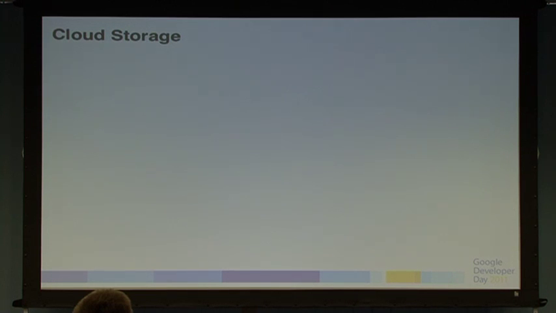So this is a how to build kick-ass games in the cloud talk, not just how to build kick-ass games. So we have to talk a little bit about the cloud and persistence and that sort of thing. There are two types of things that you might want to persist in the cloud. There's the assets: individual images, audio files, maybe some video. You might have 3D object maps, that sort of thing.